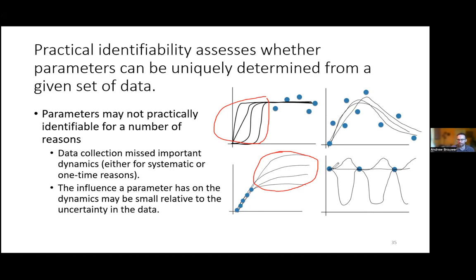Maybe you're being a good scientist and you're measuring every day at the same time, but a lot can happen in between those measurements. Or what we normally see is that your data are just too messy and there are a lot of different curves that could reasonably fit those data.